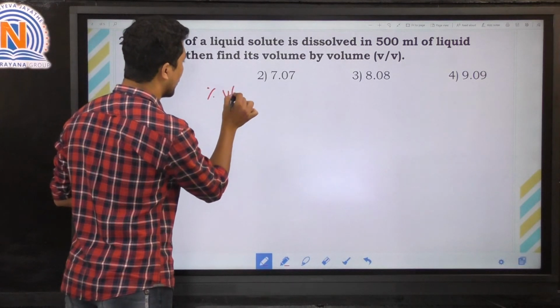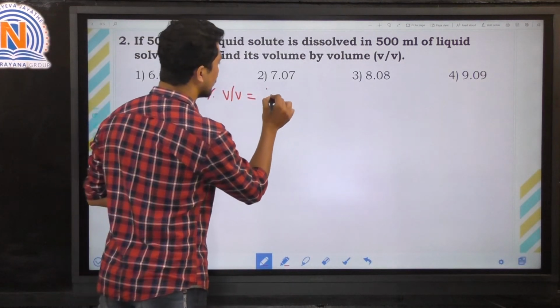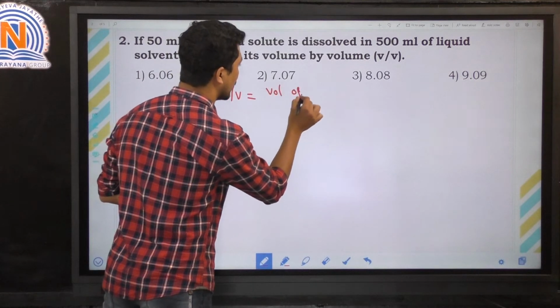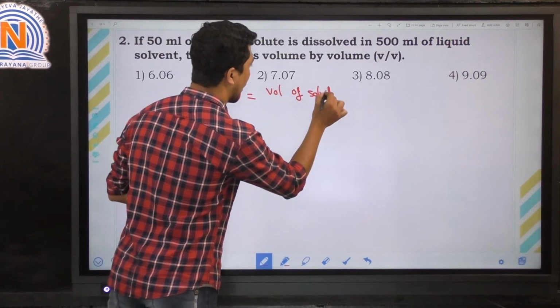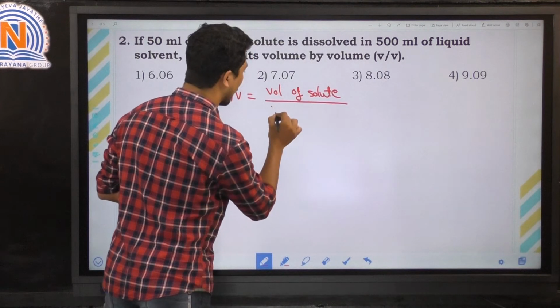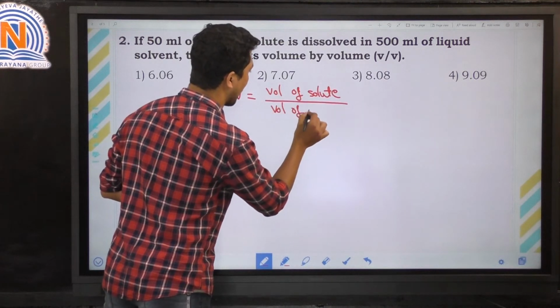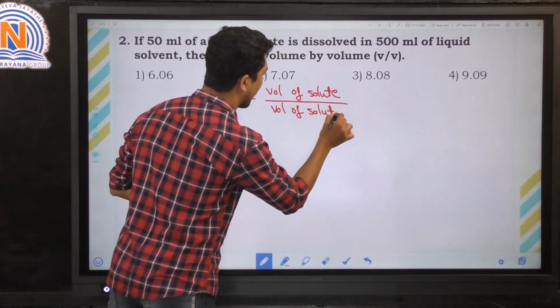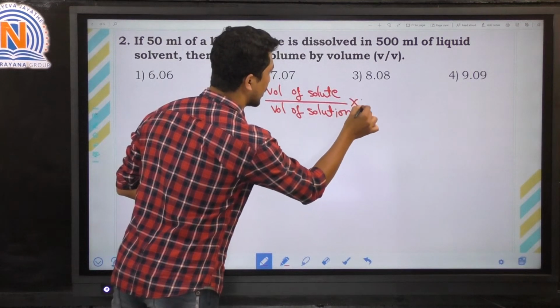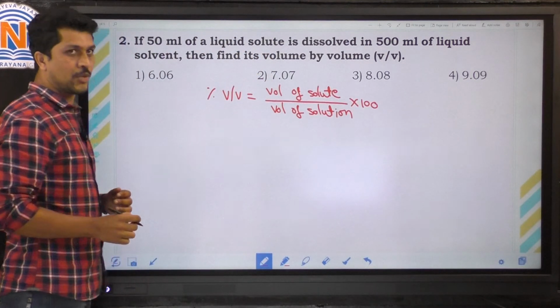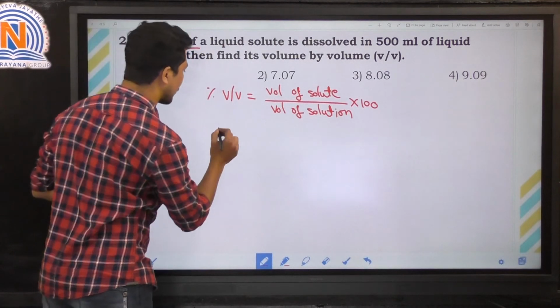Percentage of volume by volume equals volume of solute by volume of solution into 100.